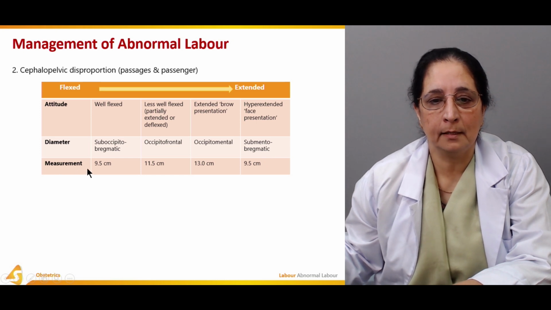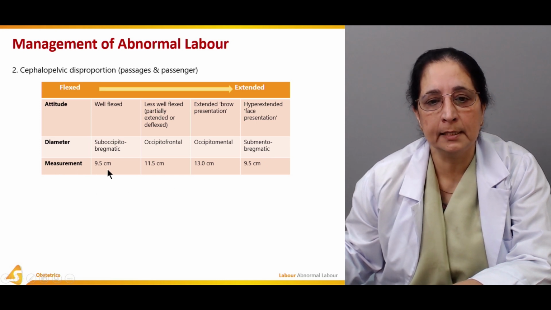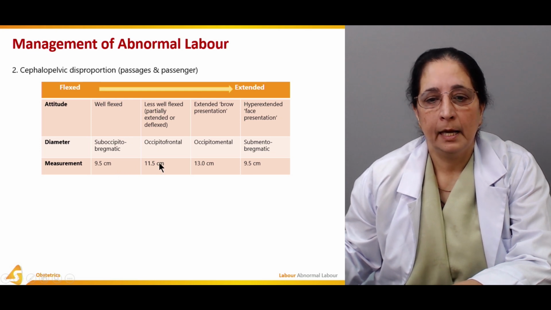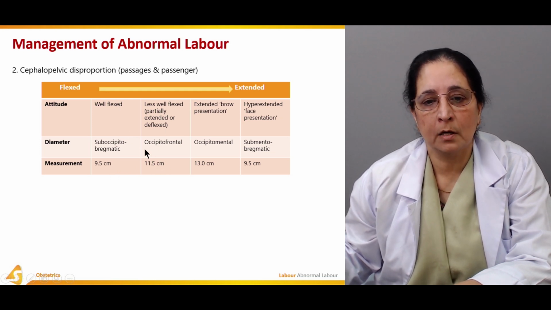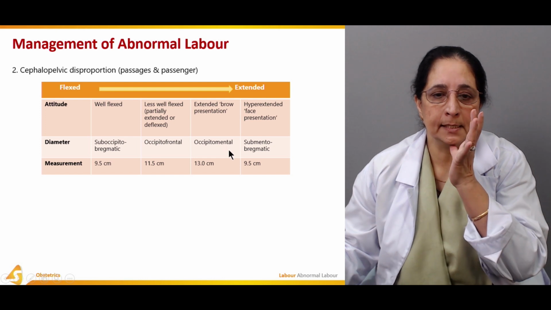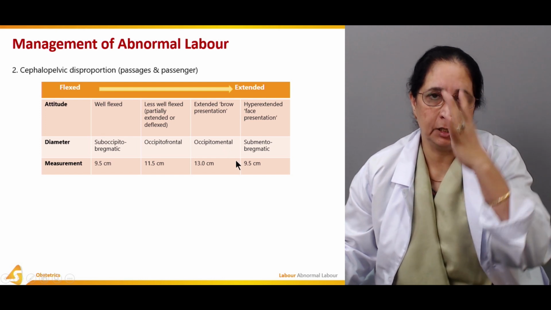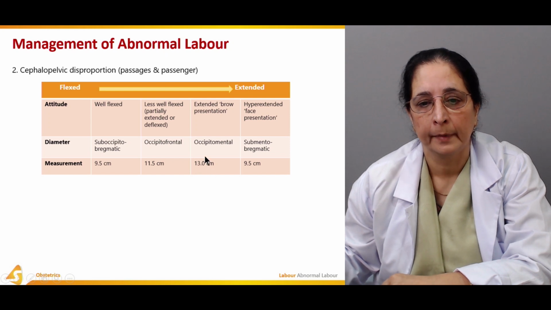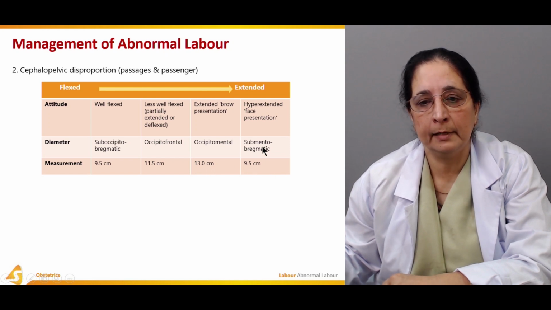The measurements are 9.5 centimeters in a well-flexed baby. In less flexed, the occipito-frontal diameter is 11.5. Then occipito-mental, from the chin to the occiput, is 13.0, and then 9.5 again in the submento-bregmatic.